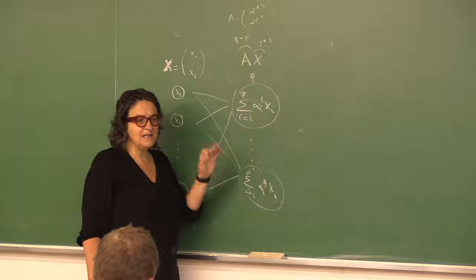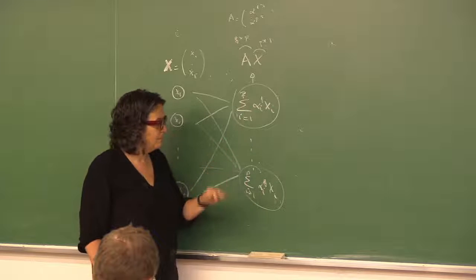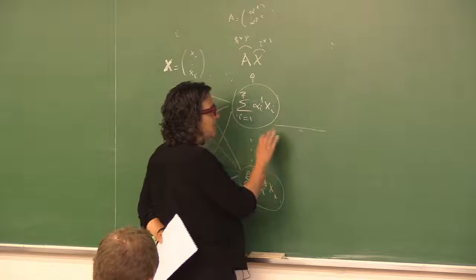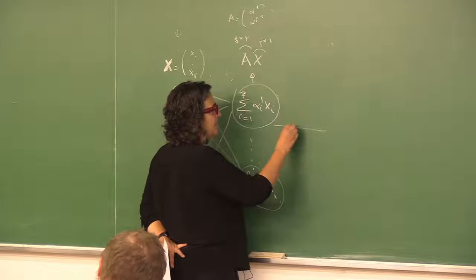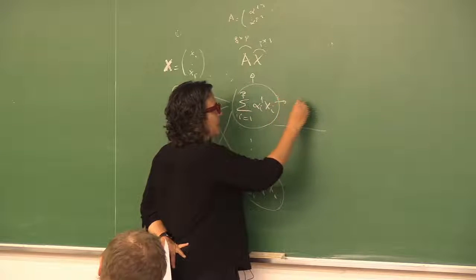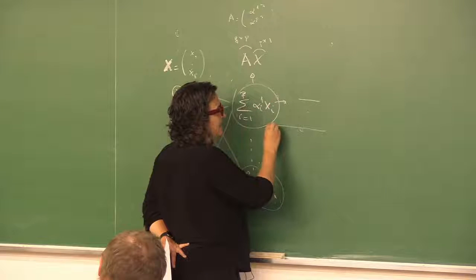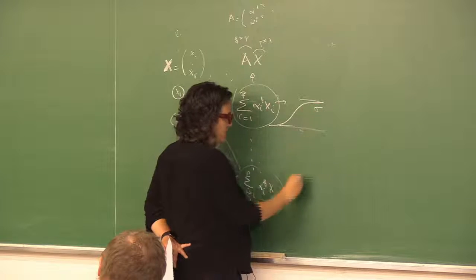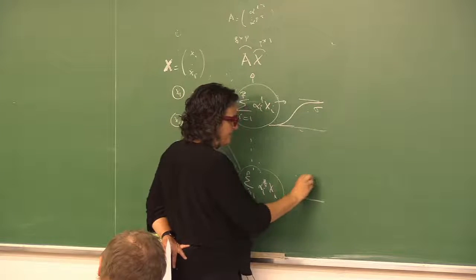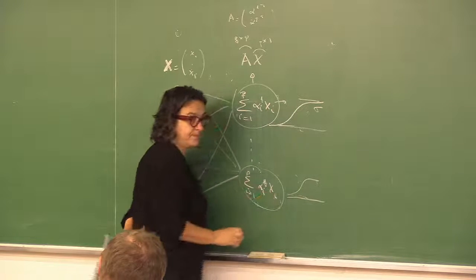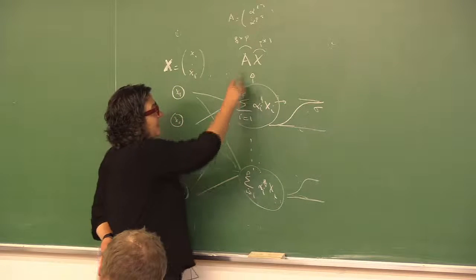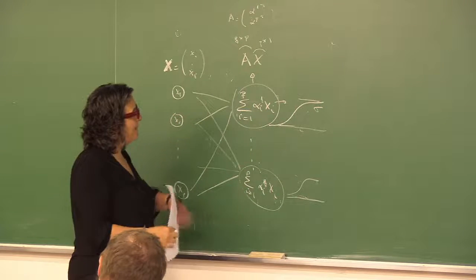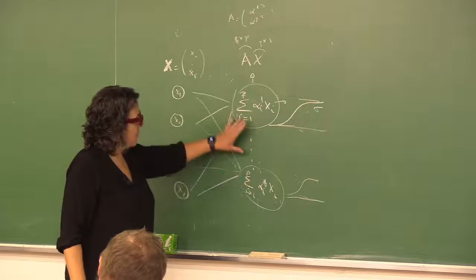In general, it's the same nonlinear function. Sometimes, if this is positive, I convert it to 1, and if it's negative, 0. But now they use other types of functions, for each of them.